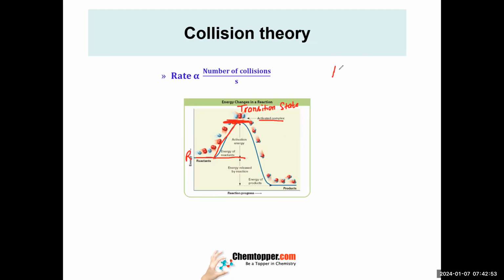For example, H2 reacting with I2, giving you 2HI. Now I'm showing you the transition state. You are breaking the hydrogen-hydrogen bond, this one, and you are breaking the iodine-iodine bond. See, this is breaking. And new bonds are forming between hydrogen and iodine. This is called the transition state.